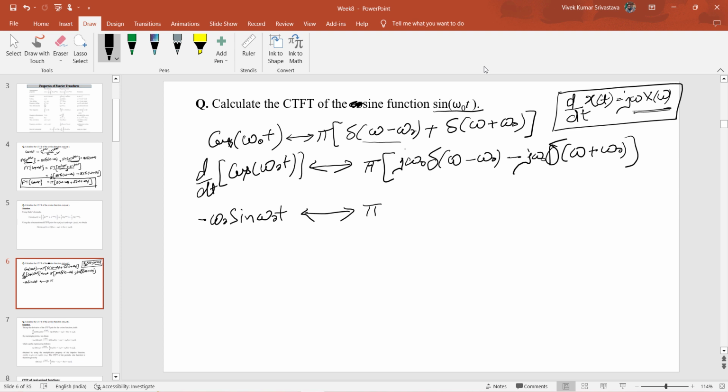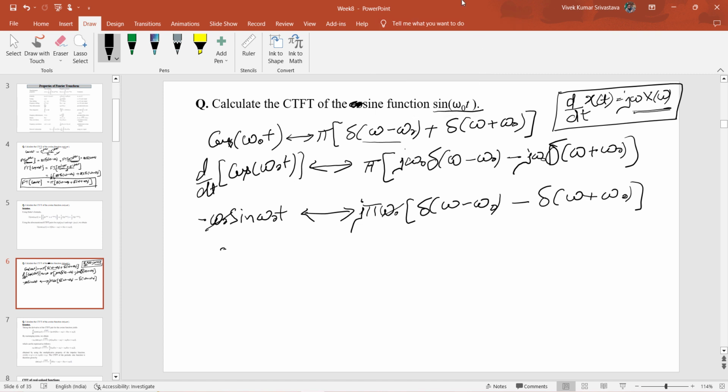So that's why here omega is common: minus pi, j pi omega naught into delta of omega minus omega naught minus delta of omega plus omega naught. Okay, so omega naught we can cancel from both sides.